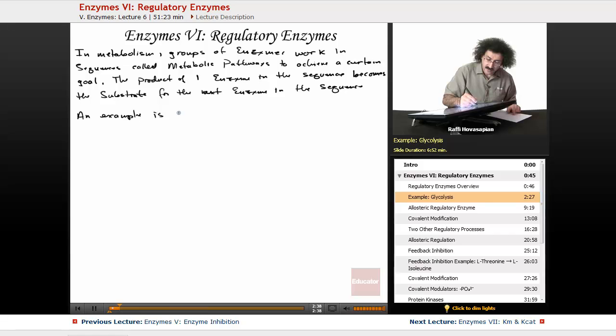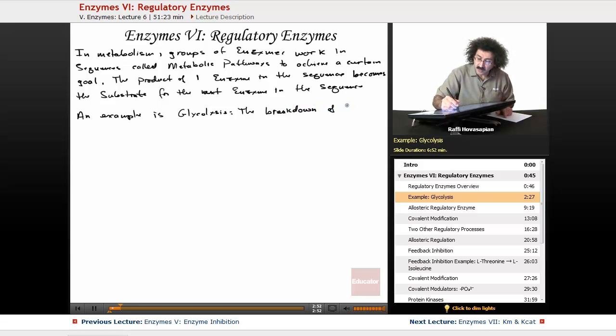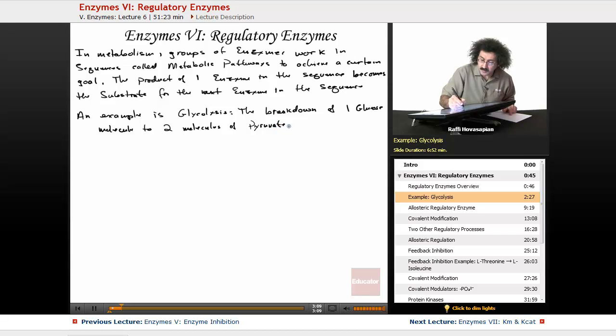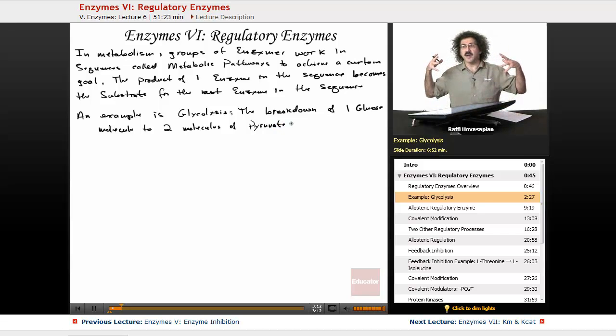And glycolysis is the breakdown, I'll go ahead and call it the breakdown because it is a catabolic pathway, of one glucose molecule to two molecules of something called pyruvate. It's the beginning of how the body metabolizes the sugar that you intake in order to produce energy.